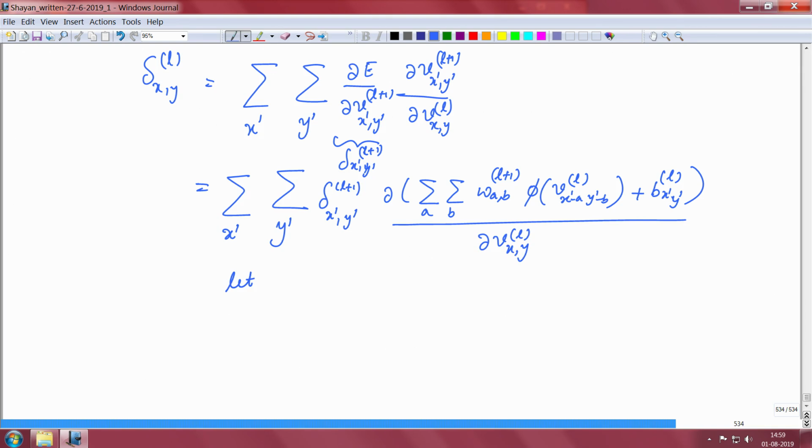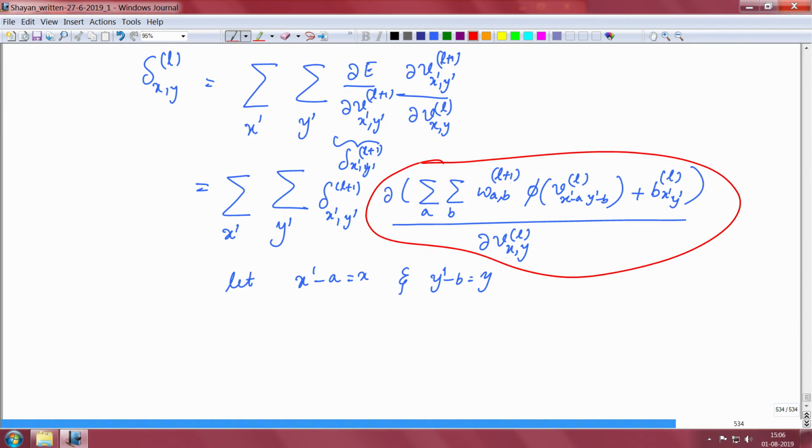Now, let us define x prime minus a as x and y prime minus b as y. So, if you look at this term, the derivative of phi with respect to v x comma y at the nth layer is non-zero only when x prime minus a is equal to x and y prime minus b is equal to y, and all the other terms will behave as a constant, and hence the derivative will be 0 with respect to v.